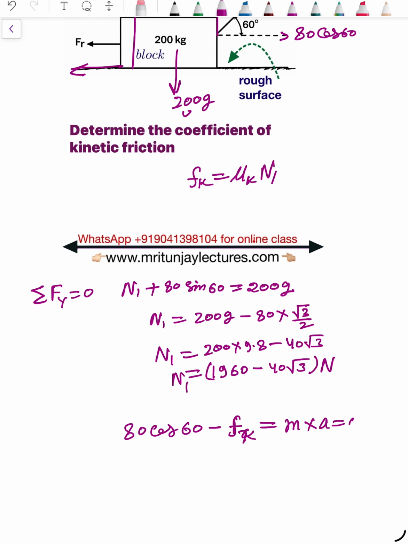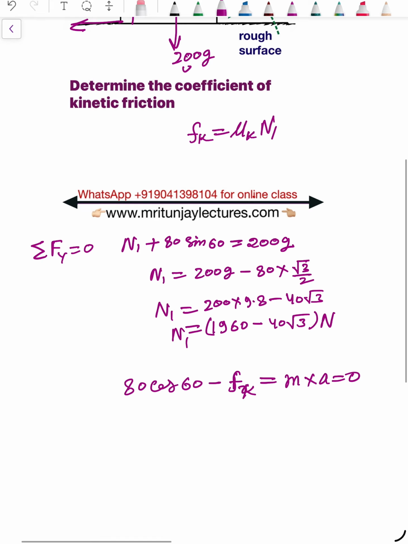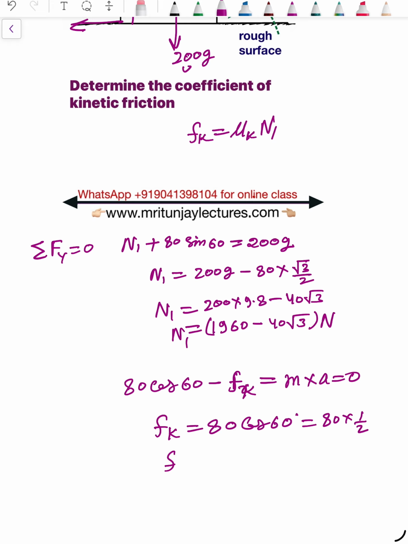Net force is 0, so write 0 here. So you can say that Fk is equal to 80 cos 60 degrees. Cos 60 is how much? 1 by 2. So Fk is basically 40 Newton.